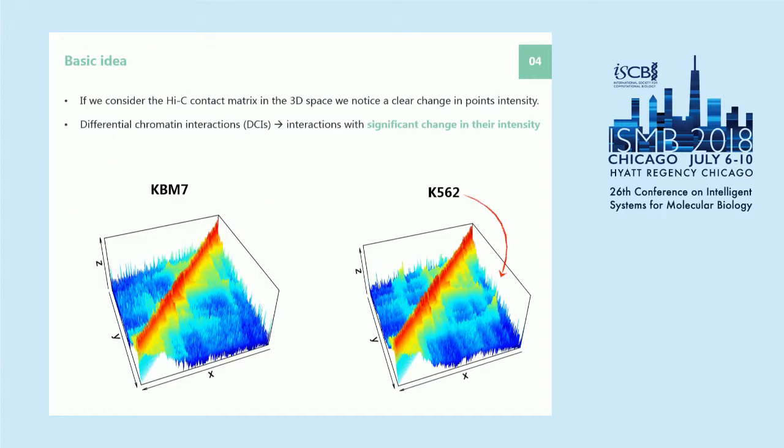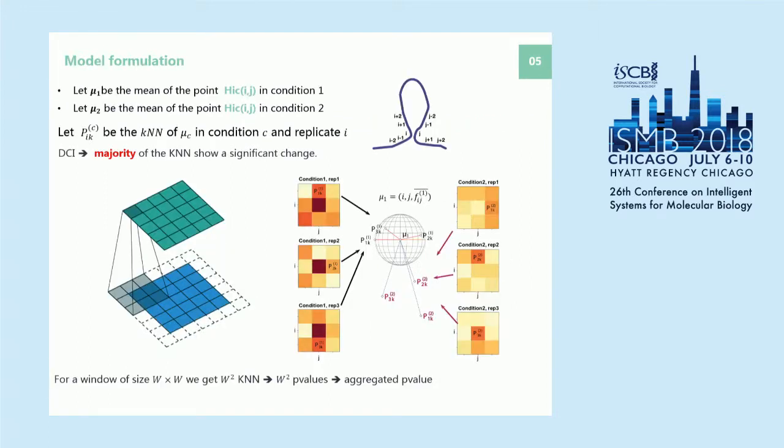The basic idea of our model is that if we look at Hi-C in the 3D space, we can imagine a differential chromatin interaction as a change in the interaction intensity at the point and in its neighborhood. We can formulate this as follows. Given two experiments, condition 1 and condition 2, each having a different number of replicates, suppose we are interested in checking the differential state of interaction Ig.